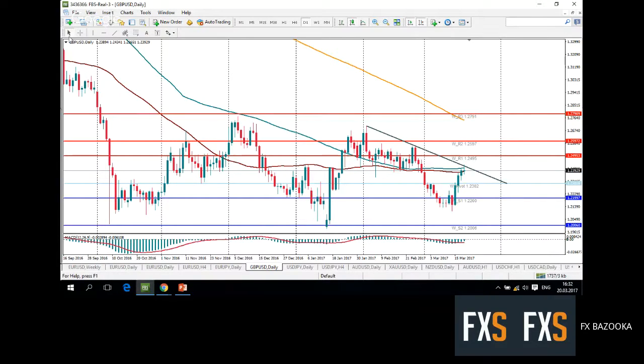This resistance is located just above 1.24 mark, and as long as GBP is trading below this resistance, then the odds are that we'll see the currency revisit support at 1.23 level, or probably even at 1.22 mark.